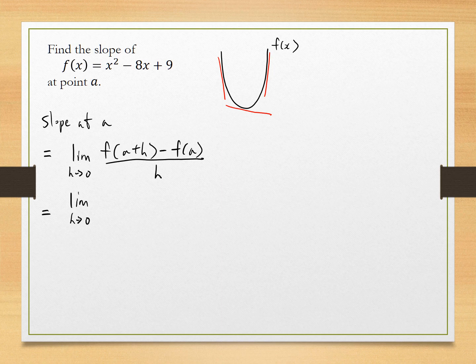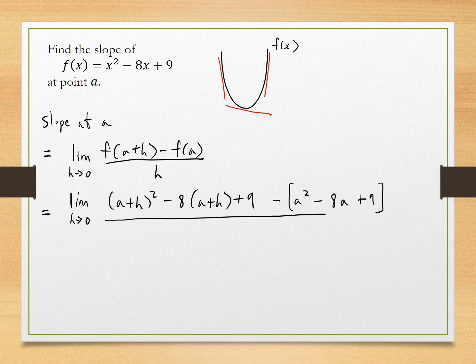So f(a plus h) would be (a plus h) squared minus 8(a plus h) plus 9. So that's the first part. Minus the second part, which is f(a), so that's a squared minus 8a plus 9, let me put it in a bracket, divided by h.